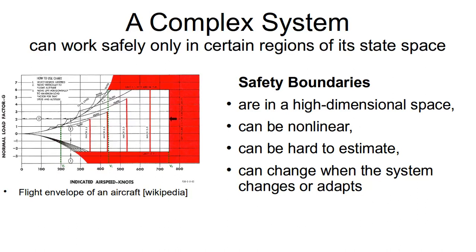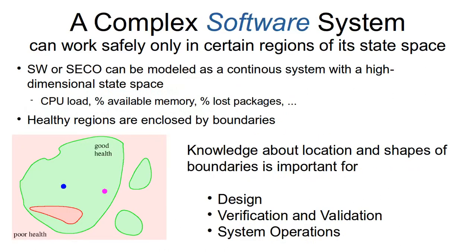And now let's look at how this looks for a complex software system. We can also say a complex software system can work safely only in certain regions of its state space. If you look at very close detail in the software, of course software is discrete, so we would have a very high-dimensional discrete state space. However, for our safety analysis, we model the software or the software ecosystem as a continuous system, also with a high-dimensional state space.